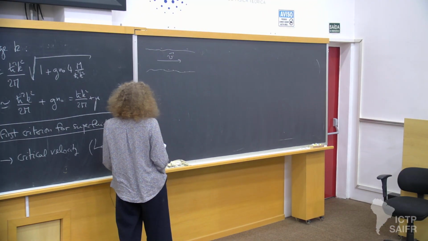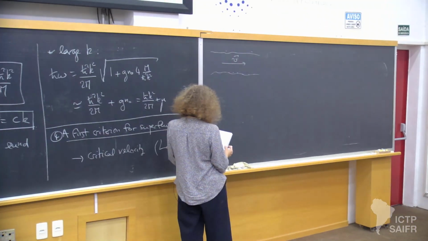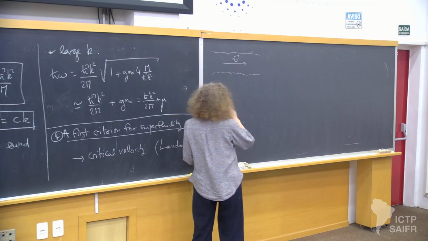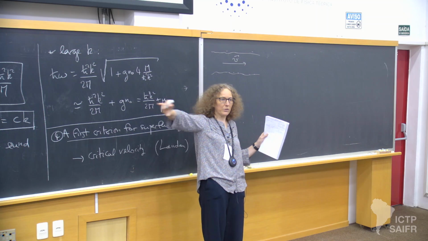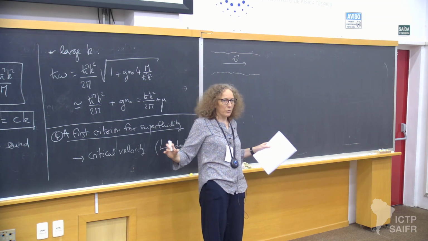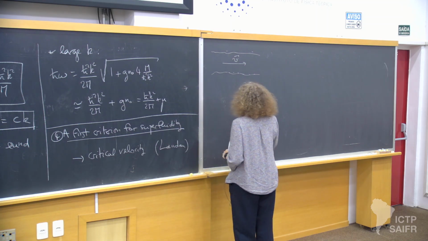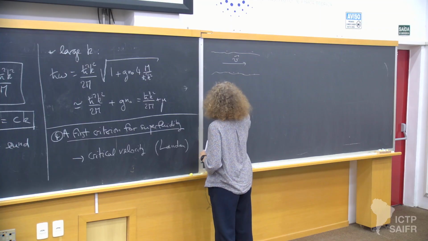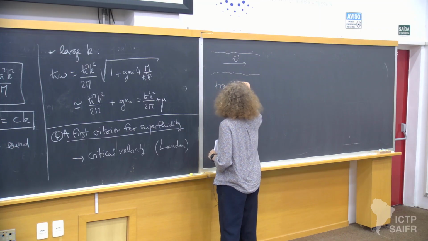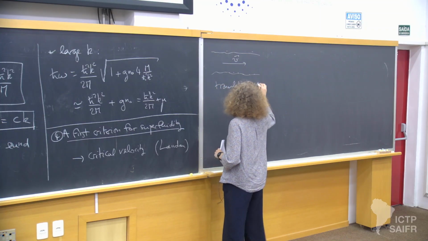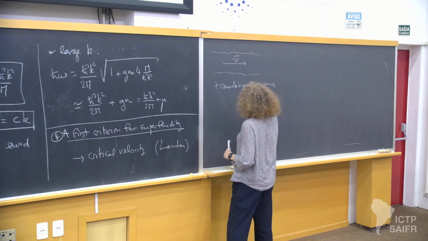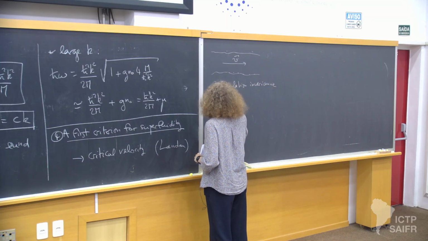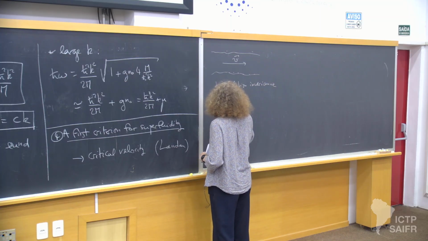What are the conditions to create some excitation? And so as I consider really a fluid going through a pipe, so it is a problem that is invariant by translation. It means that both energy and momentum are conserved.